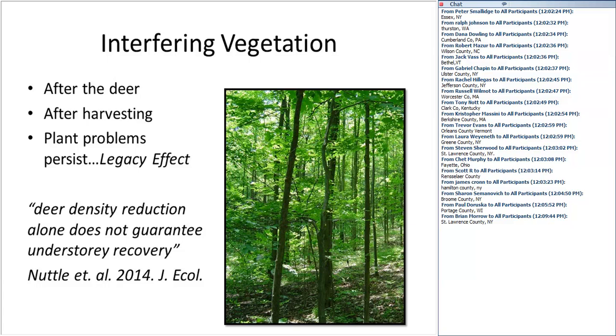Research, though, has documented that even if we remove the deer, in many cases we still retain this stable plant community in the understory that's dominated by undesirable species. That's a legacy effect. So even if deer are a primary force in these ecosystems, removing the deer doesn't obviate the need for us to attend to plant problems.